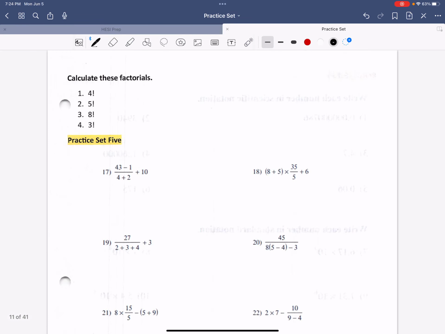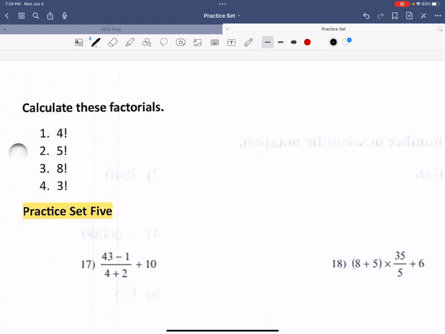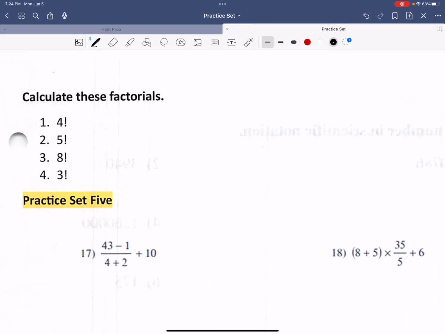Okay, I'm going to go ahead and stick these factorials on, and then we'll be finished with this set. So we have 4 factorial. That is 4 times 3 times 2 times 1.